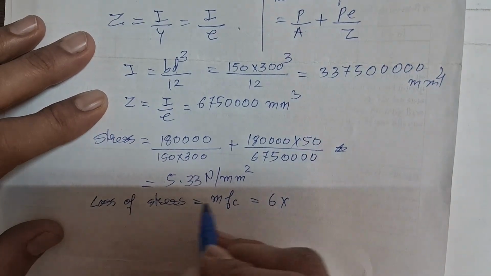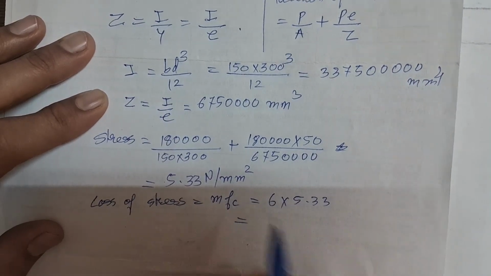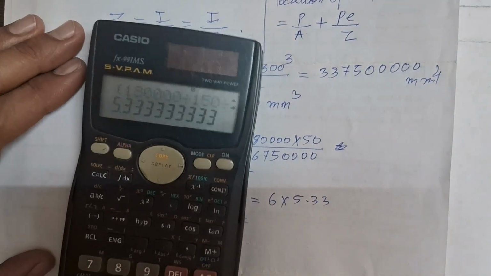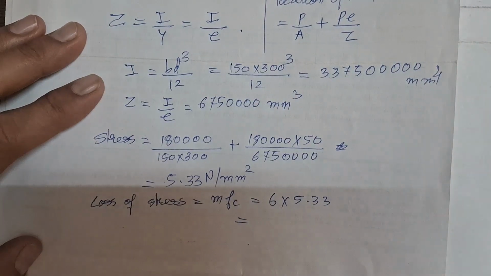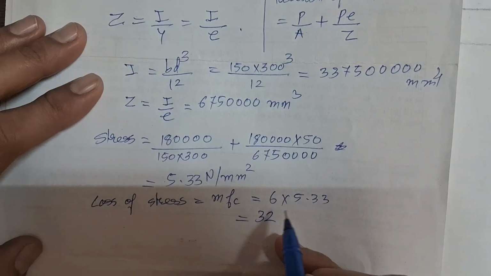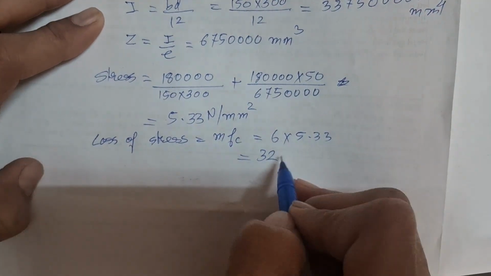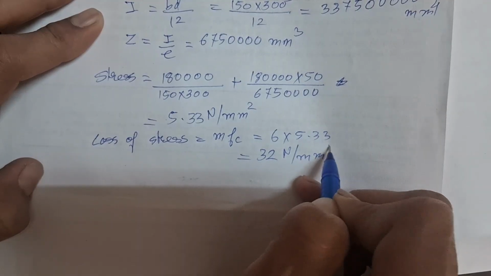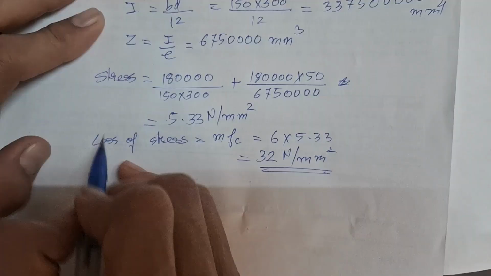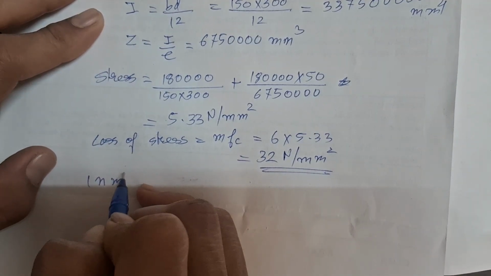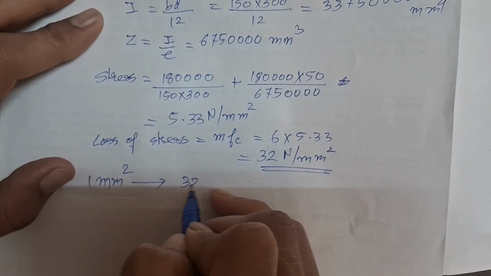So 6 into 5.33, multiplied by 6, the answer is 32 Newton per mm square. This is your loss. So for 1 mm square of area, we are facing a loss of 32 Newton.